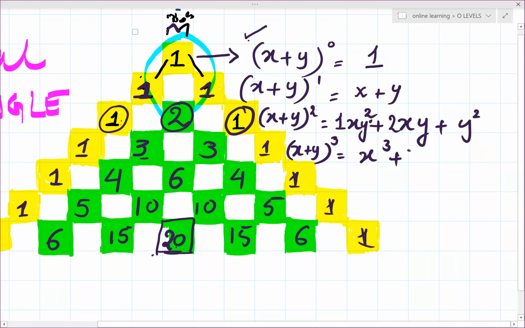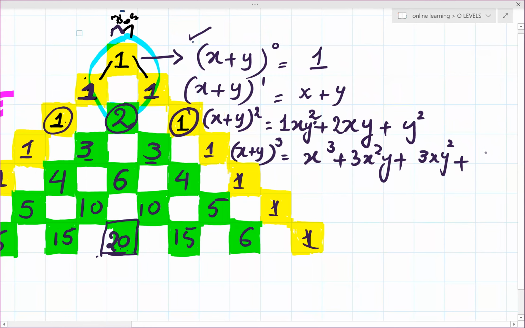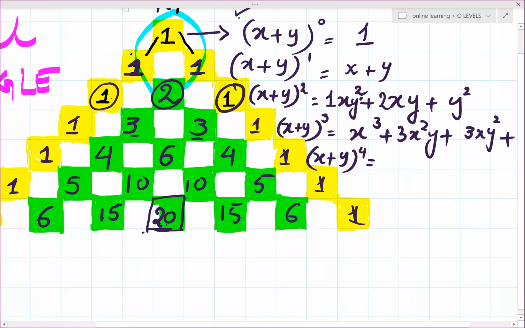Secondly, 3x squared y plus, again, we need a 3xy squared plus y cubed. You can see the pattern. This Pascal's triangle is determining the coefficients of x and y.